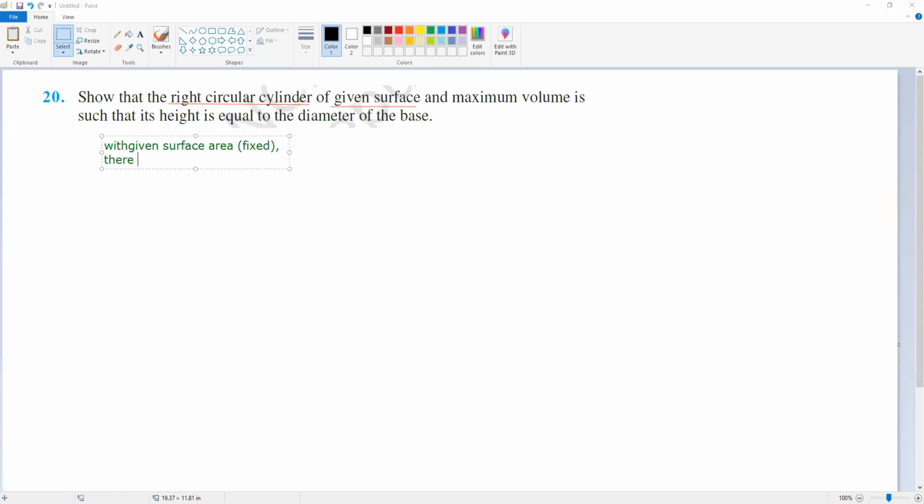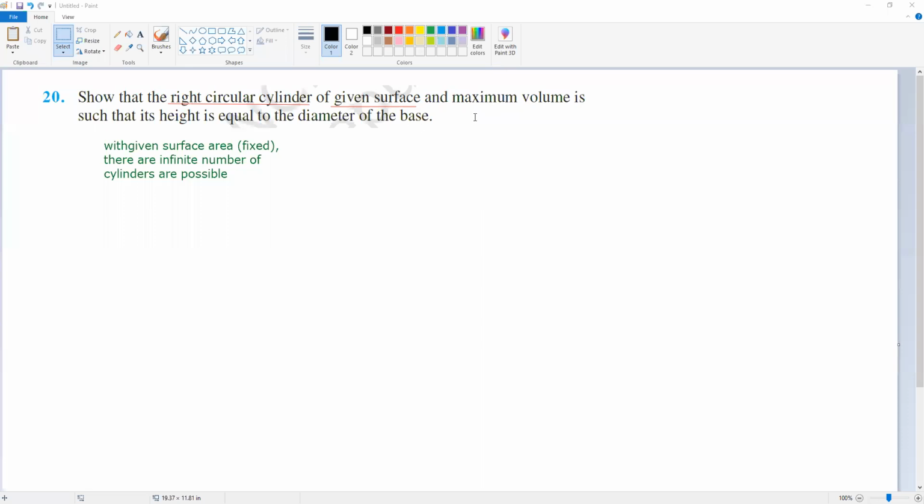There are infinite number of cylinders possible. With given surface area, there are infinite number of cylinders possible. The only thing is that its length, height and diameter will change.